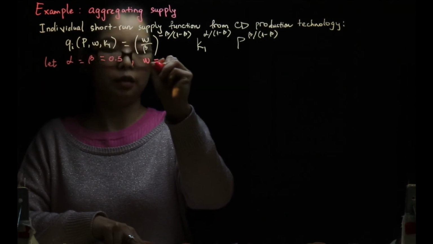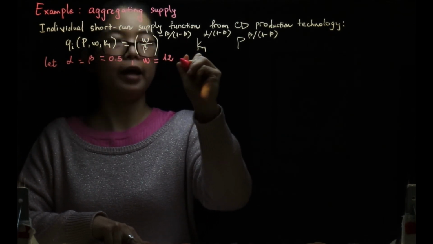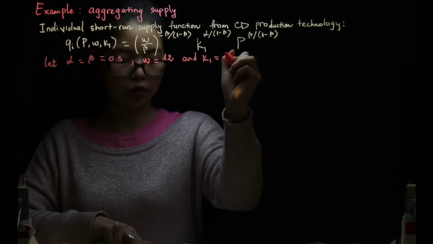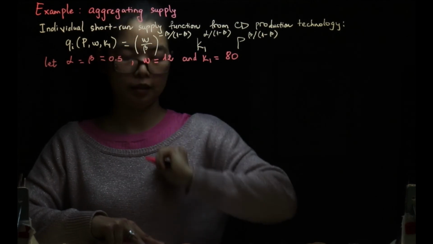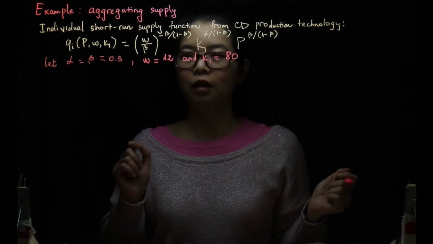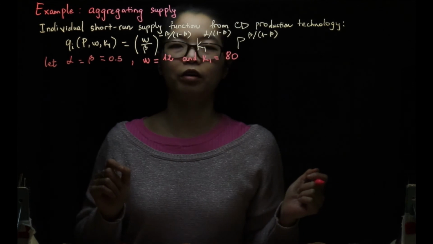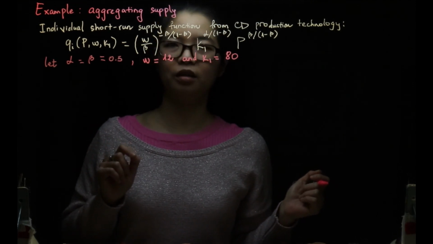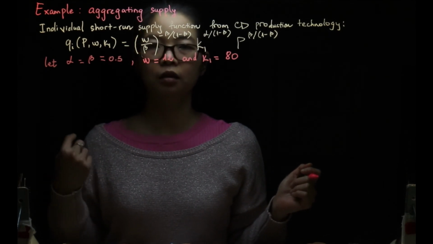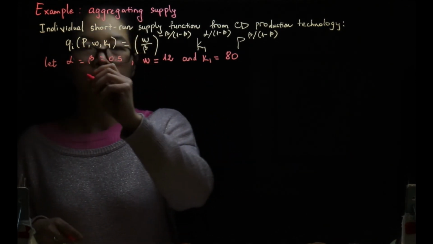W equals 12 and K1 equals 80. Now, why do we need these numbers? Because if we want to graph it on a two-dimensional graph of Q against P for the market supply later, we have to fix other variables somehow, right? This we know already.